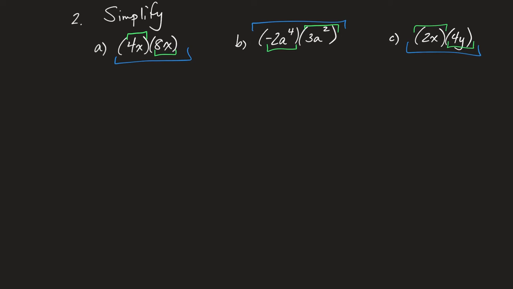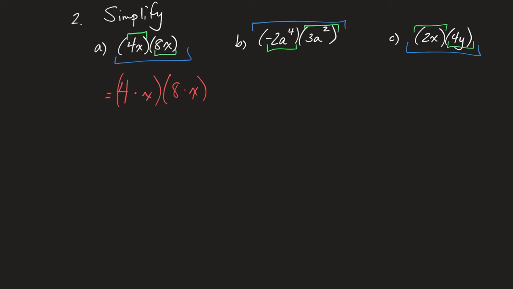What I mean in this instance is I'm going to write down a different line. I'm going to put it in red. I don't want red to be a part of my final solution, or part of my solution at any step, but I think it will help us in the grand scheme of things. I'm going to break up the 4 and the x in the first set of brackets, and use my old dot multiplication symbol. That first set of brackets says take 4 times x. My next set of brackets says take 8 times x.